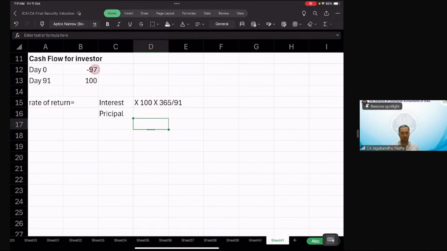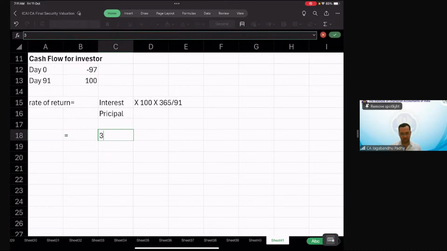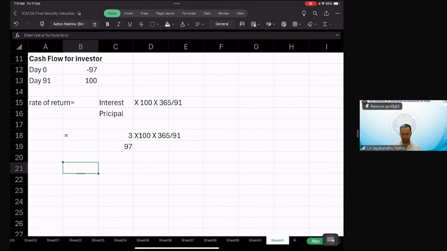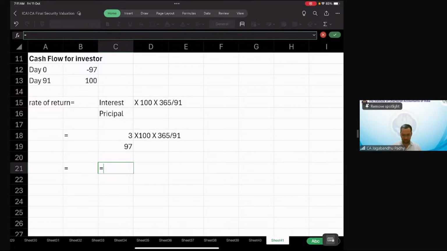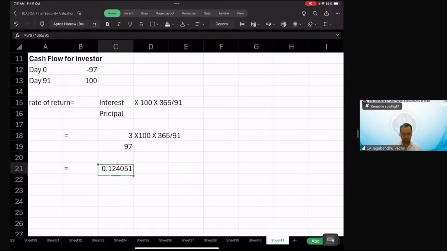The interest is basically 3 rupees on an investment of 97. So it is 3 divided by 97, multiplied by 100, and multiplied by 365 by 91. You can see that the rate of return you are earning is 12.41%.